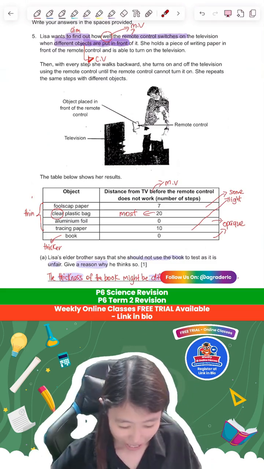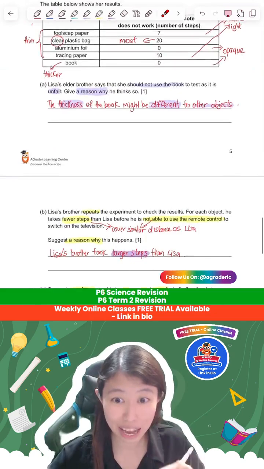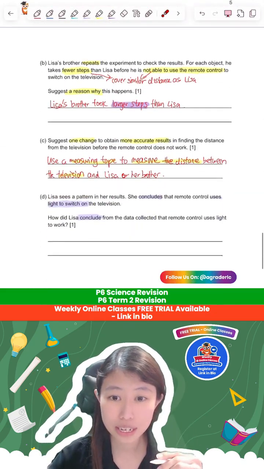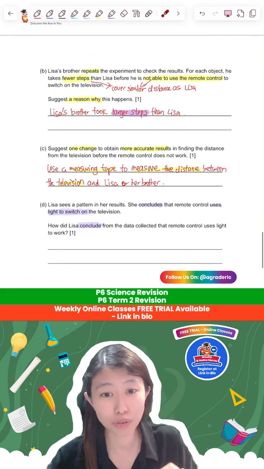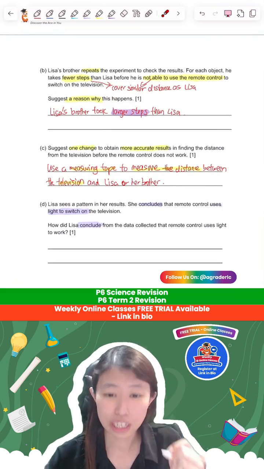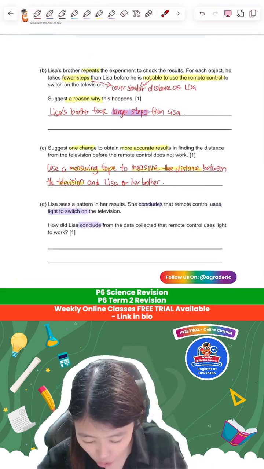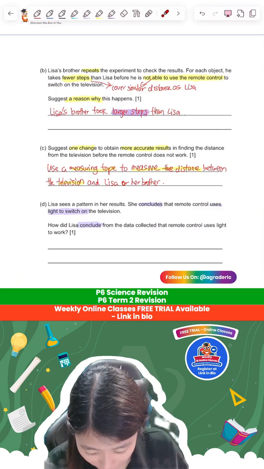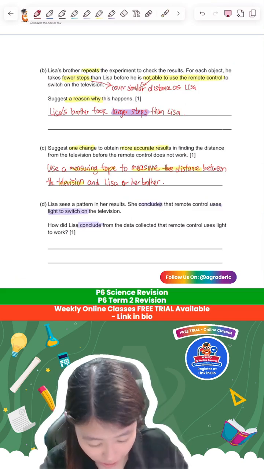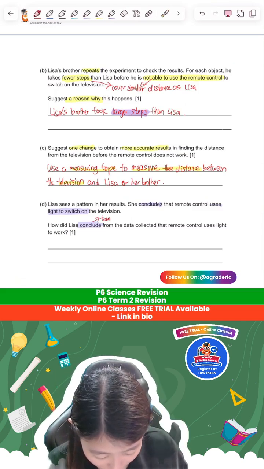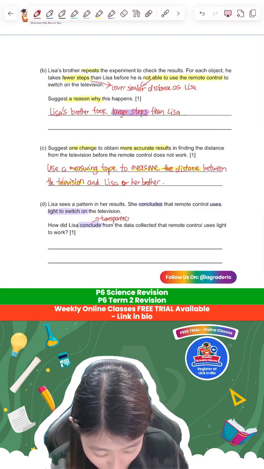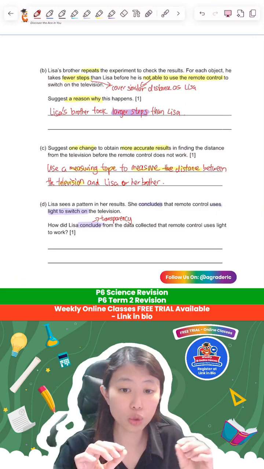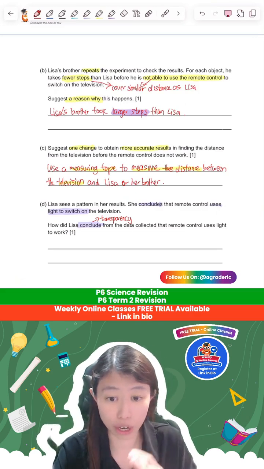Okay, so everybody, I moved to the question. How did Lisa conclude from the data that it requires light to work? You must mention the transparency of the different materials. But you don't need to go into detail and mention each and every material.